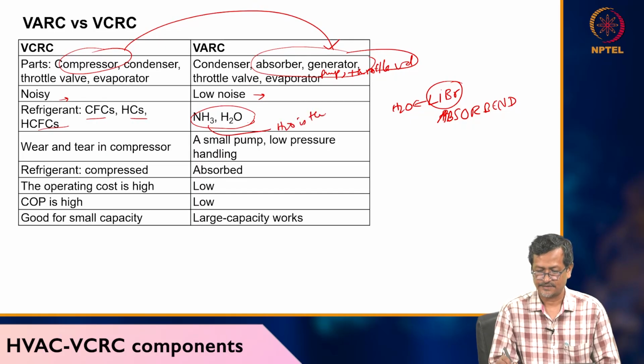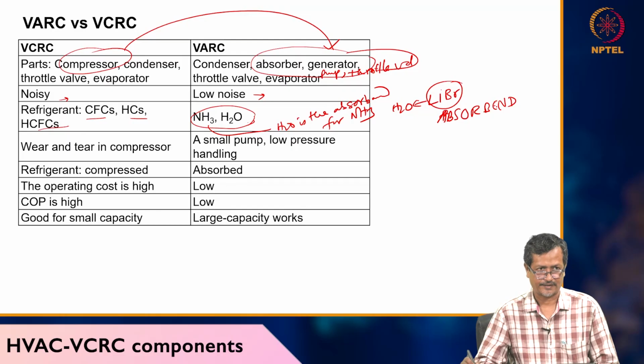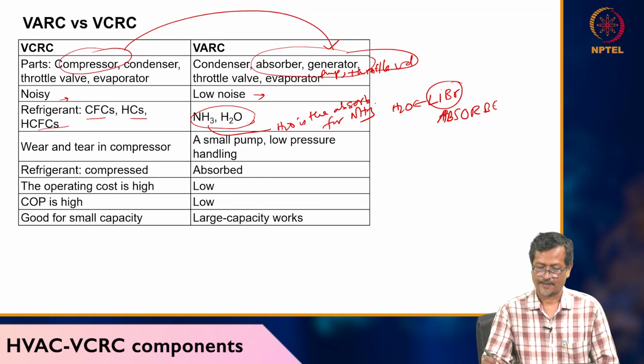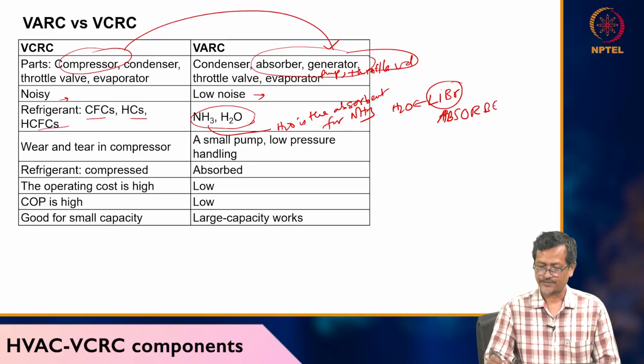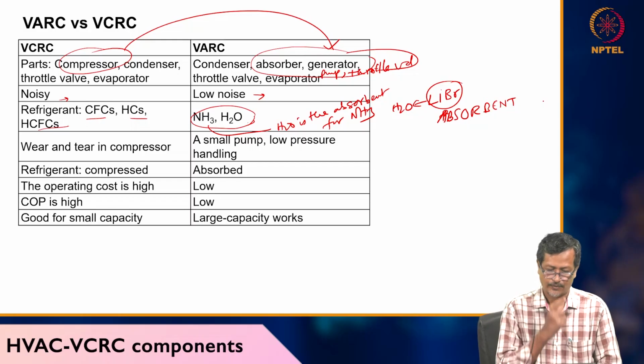Water is the absorbent for ammonia. Okay, so H2O is the absorbent for NH3.